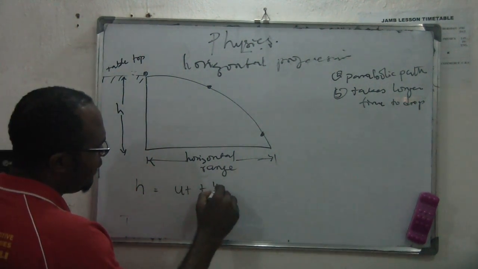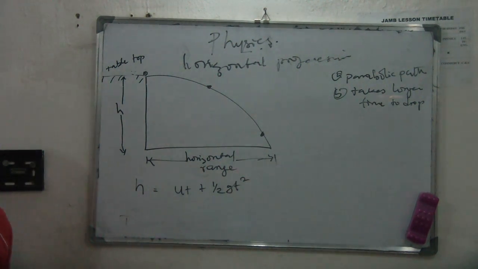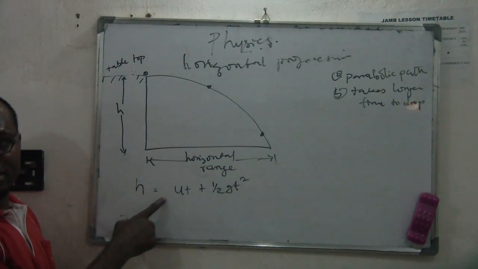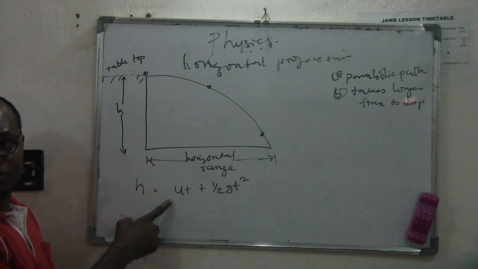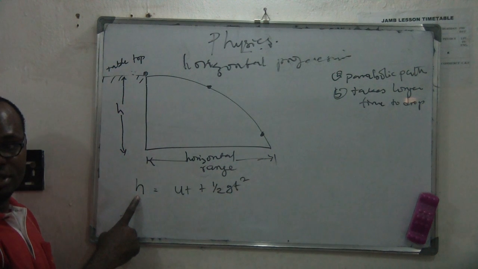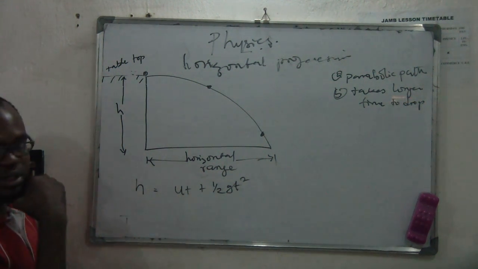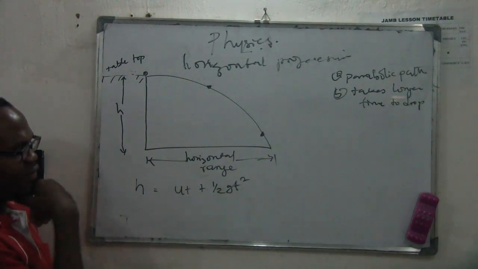This is the equation of motion under gravity. This is the normal equation of motion. You will now use h in place of what? S. And g in place of what? A. Isn't it? So this is the normal equation of motion under gravity.